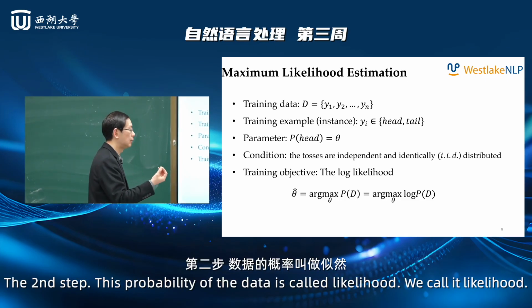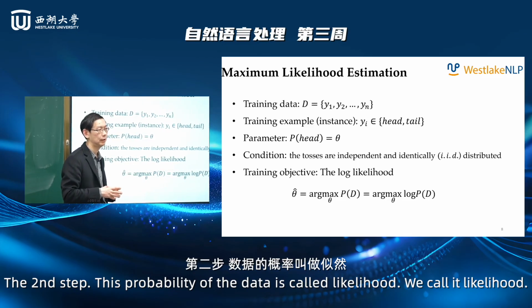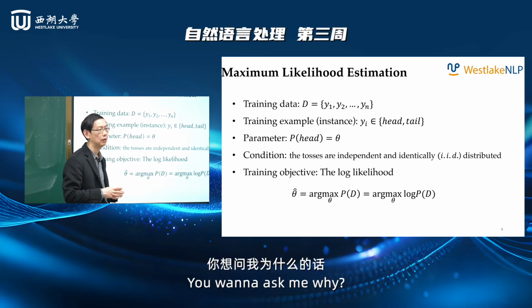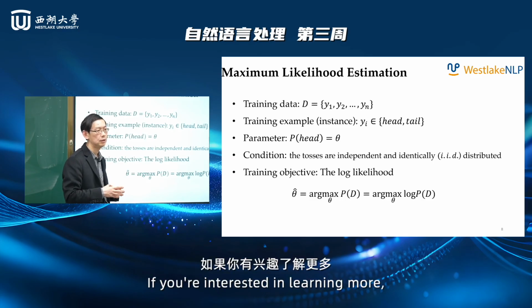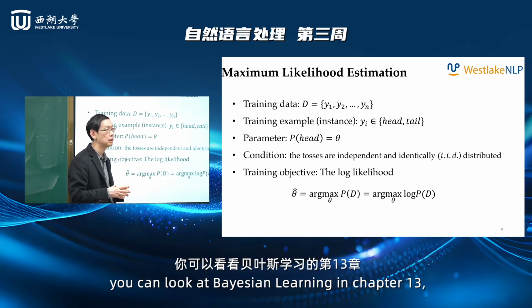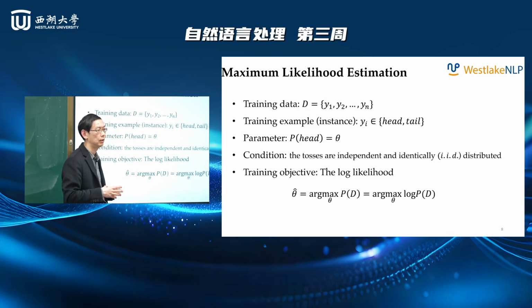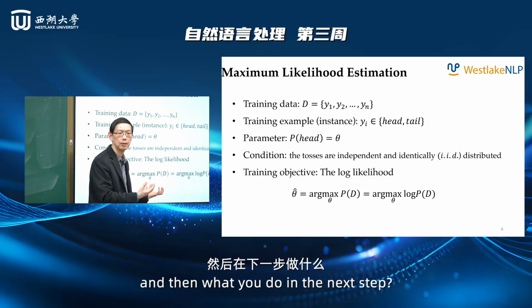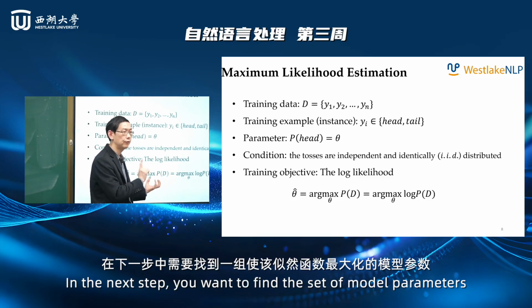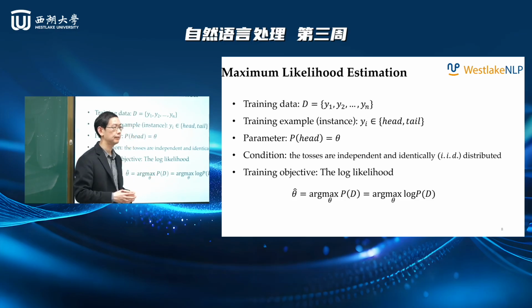The second step. This probability of the data is called the likelihood. You want to ask me why? Let's just take my word for it. If you're interested in learning more, you can look at Bayesian learning in chapter 13, but we won't describe it in the lectures. You describe the data likelihood using your model parameters, and then in the next step, you want to find the set of model parameters that maximizes this likelihood function.